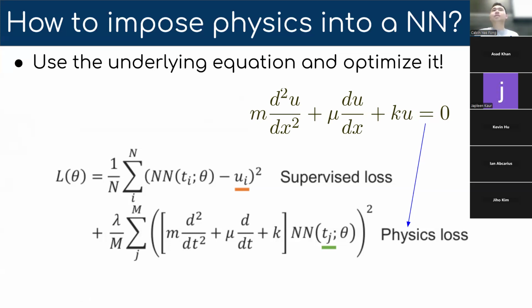There are some other techniques, like doing transfer learning first, where you start off learning using just the physics loss alone, and then switch to a supervised loss if you have the data. It depends on how difficult your physical models are.